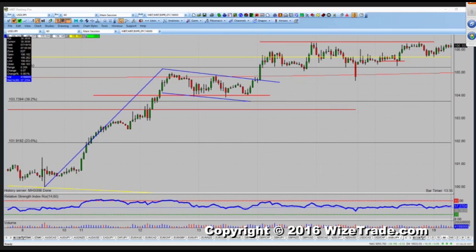So let me ask you guys this: what was the resistance we wrote down yesterday for the dollar yen? 106.30, right?